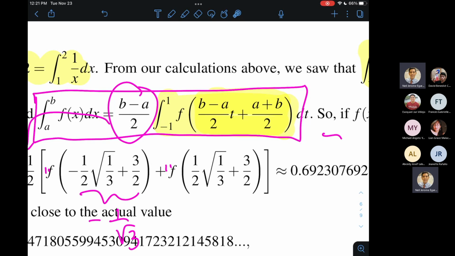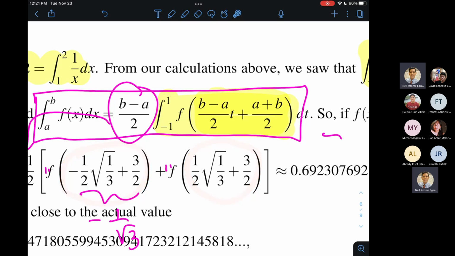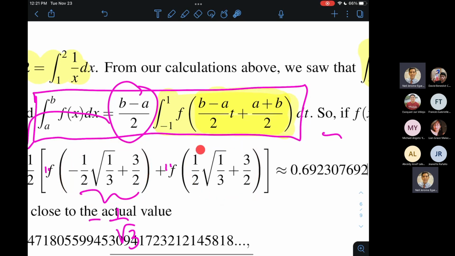Dahil ang integration interval na natin ngayon ay from 1 to 2, ibig sabihin dito, papalitan ko yung t ng root of 1/3 or negative root of 1/3. So kaya ako makukuha ito. Tapos ito naman, papalitan ko siya nung x2 na na-compute natin mula dun sa Gaussian quadrature. So yung node na gagamitin natin, yung abscissa na gagamitin natin ay root of 1/3.